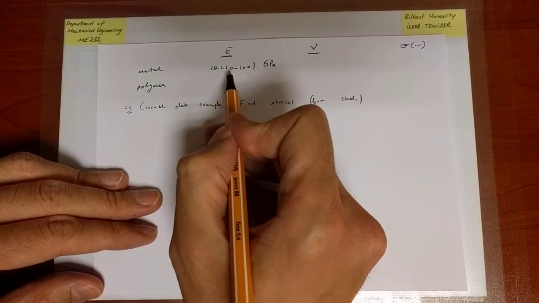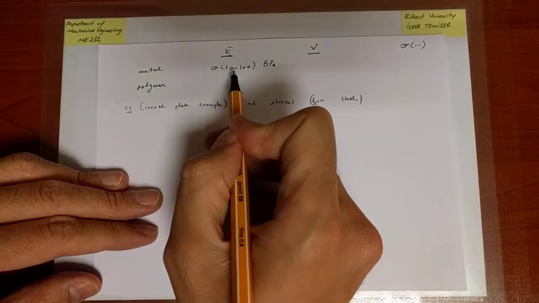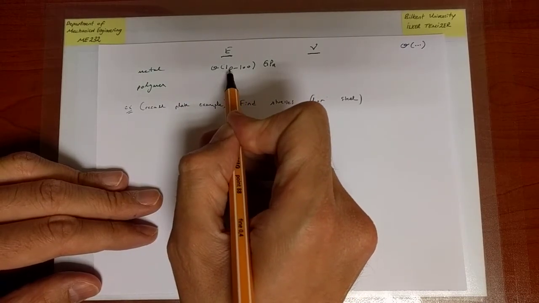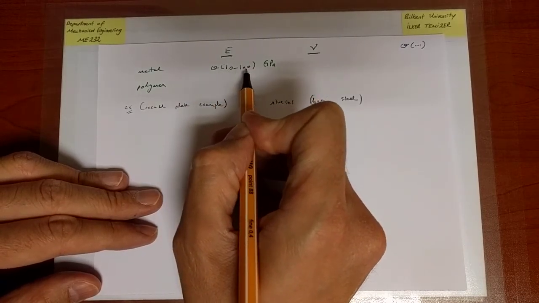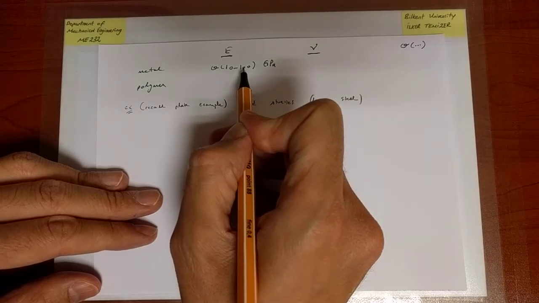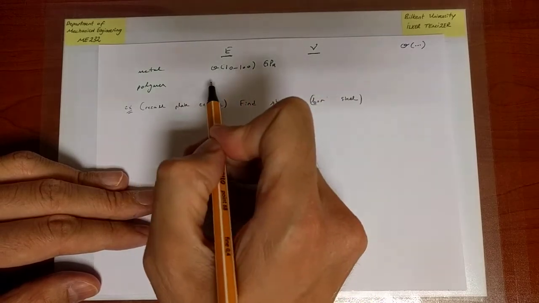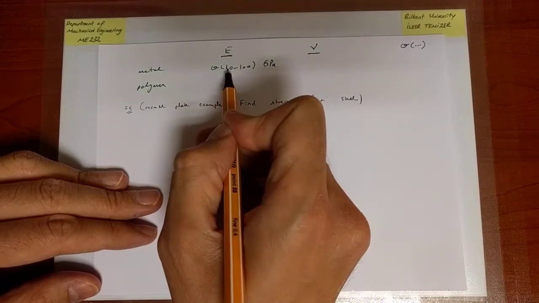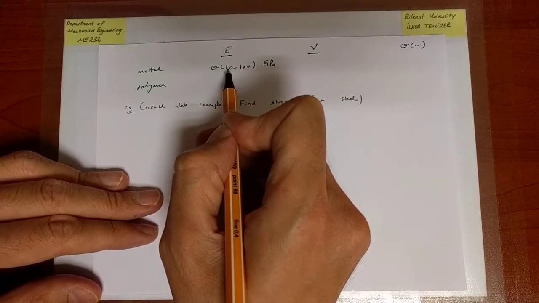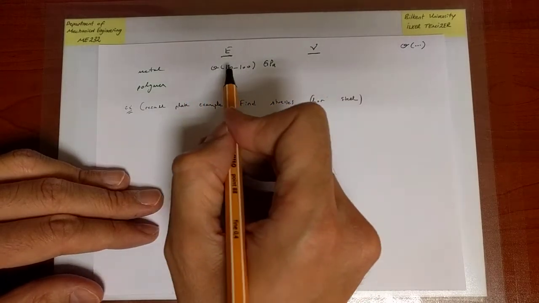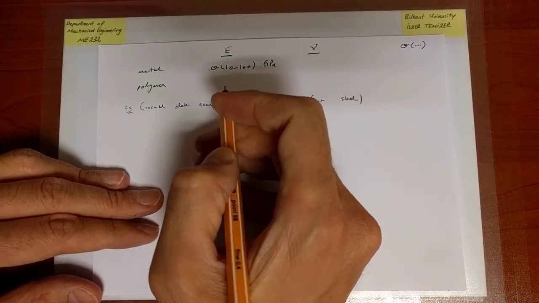Okay, so that's a range. It's a fairly good range, so it can be less, it could be 5, it could be 300, but it's most likely not 1000 GPa, and it's most likely not 0.1 GPa, right? So order of magnitude wise, that's a good range.